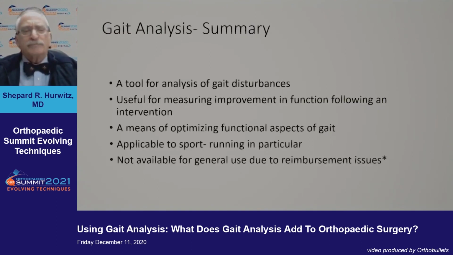So in summary, there is a valuable tool out there for analyzing gait disturbances which you either wish to follow or see how you've improved or changed their gait with a surgical intervention. You can also measure improvement in any number of ways, and you can optimize gait.